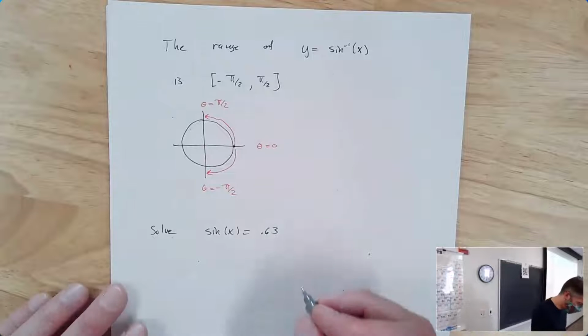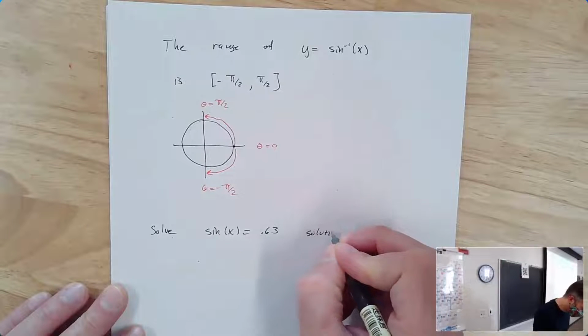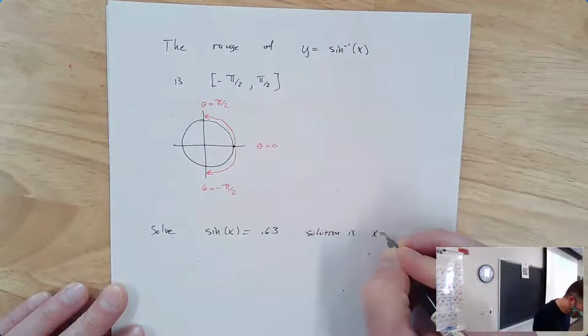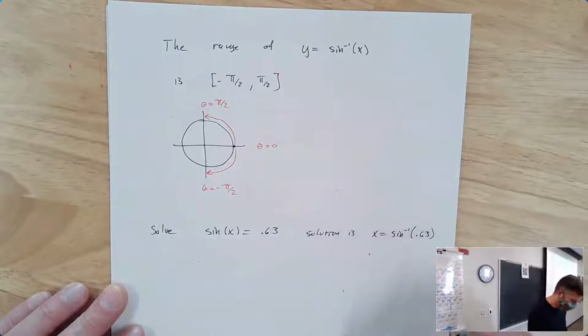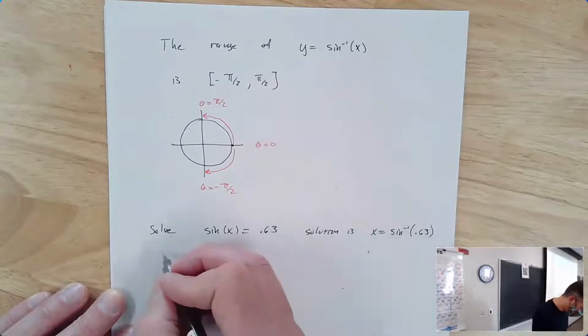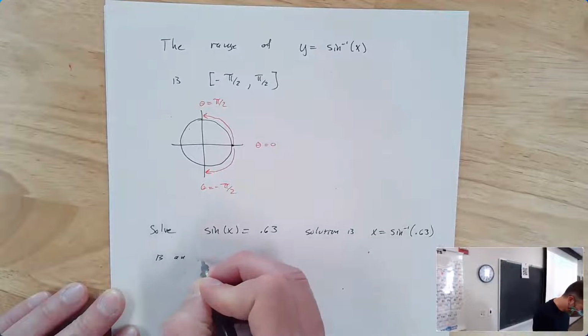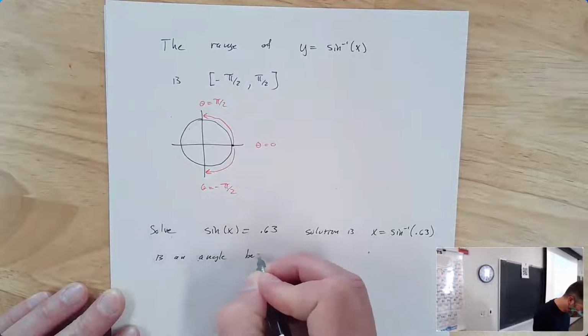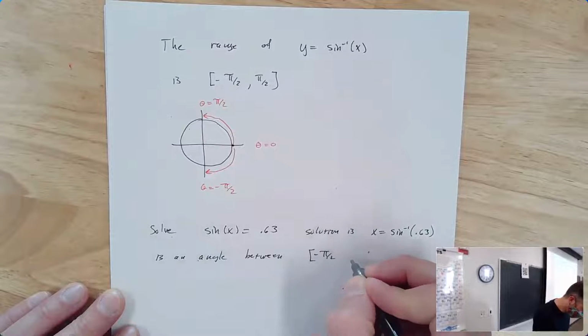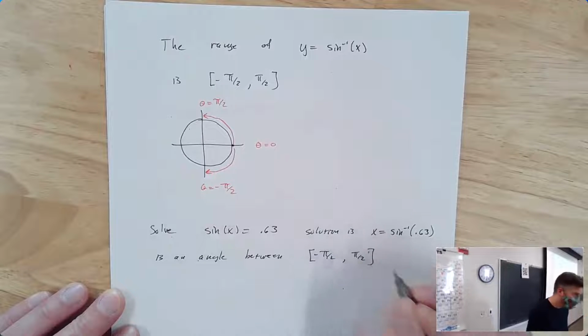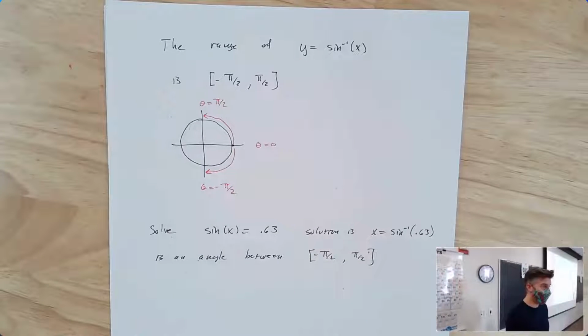And the solution is going to be x equal to the inverse sine of 0.63, and that angle between negative pi over 2 and pi over 2. I'd actually have to use a calculator though to figure out what that answer is. So the point here isn't that it's something we like to graph, it's that it's a tool we use to kind of figure out what things are.